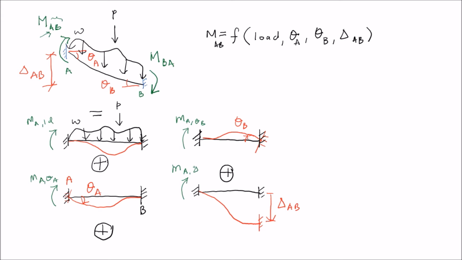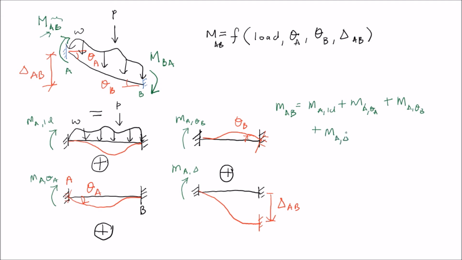Okay, so what we are going to do is develop the equation to describe MAB, which will be equal to MA load plus MA theta A plus, so this is actually a notation, the moment at A due to theta B plus the moment at A due to the displacement.